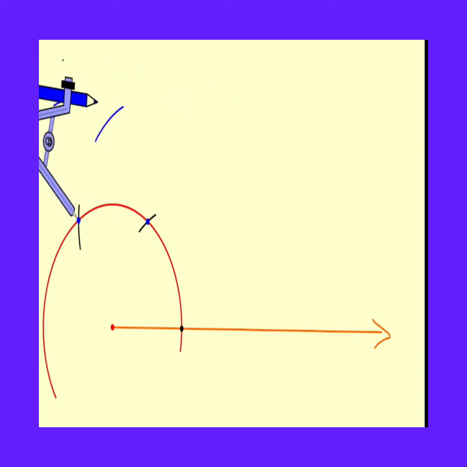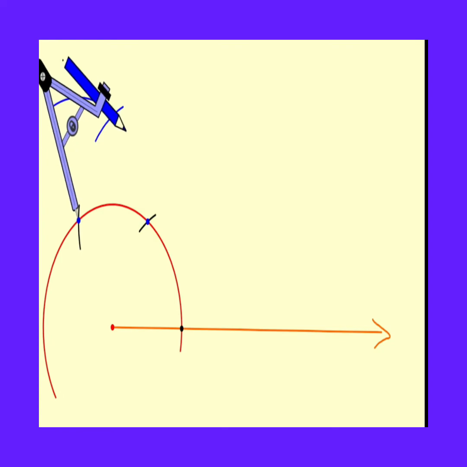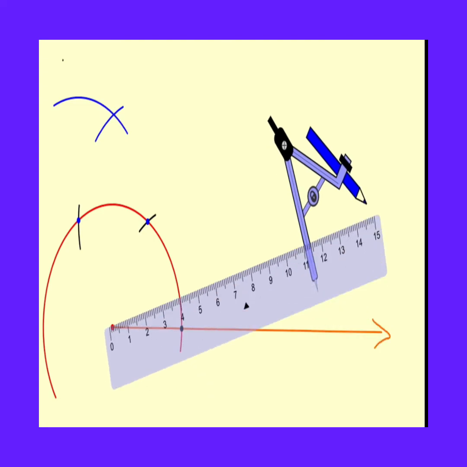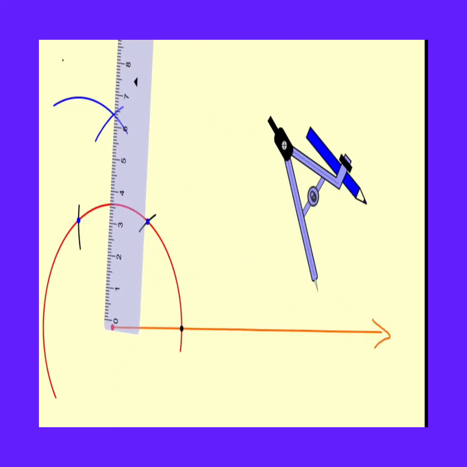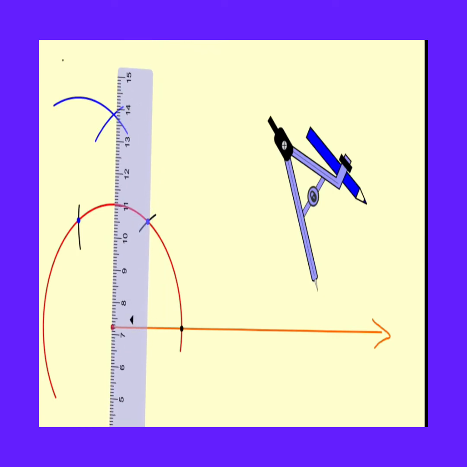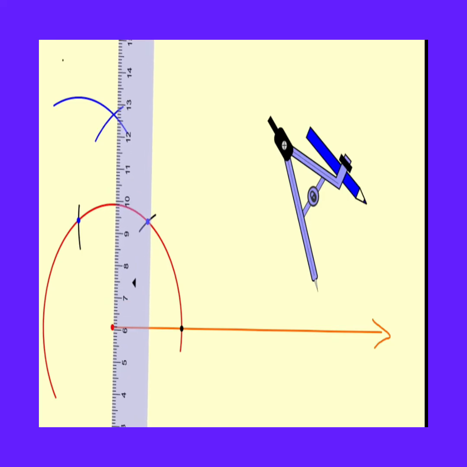You will construct this angle by drawing these arcs, and if you join these two arcs, then you will get an angle 90 degree. And I want to process how to make the angle 75 degree and then 105 degree. So here is the process of 105 degree.